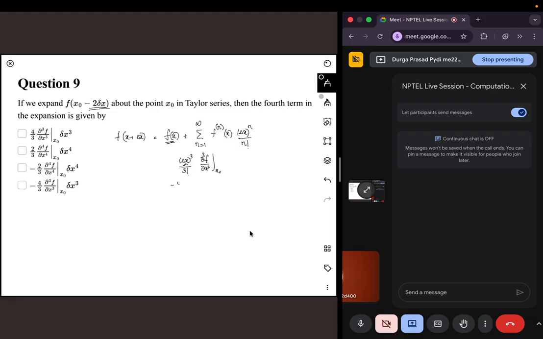This will give you minus 8 delta x cube by 6. It is a straightforward substitution. If you forgot the Taylor series expansion, then we can't do anything about it. If you know the Taylor series expansion, it should be a straightforward one.